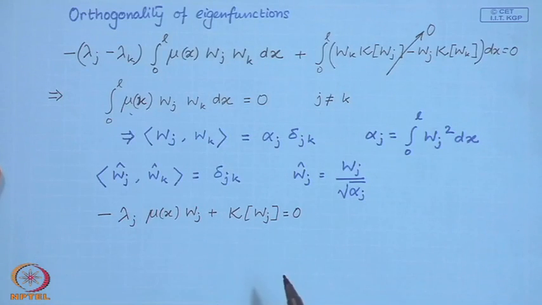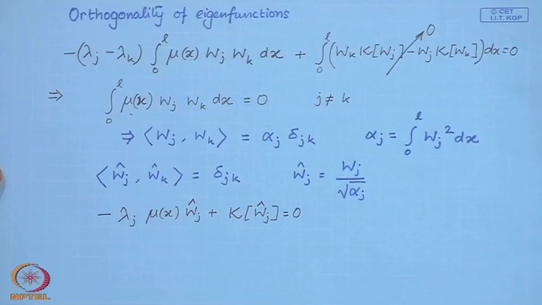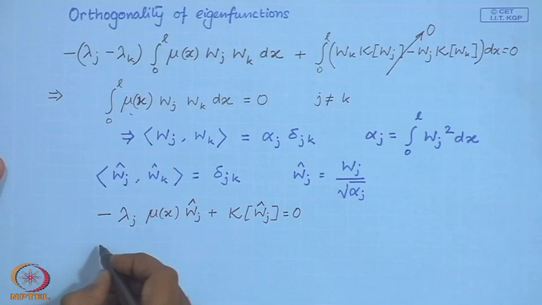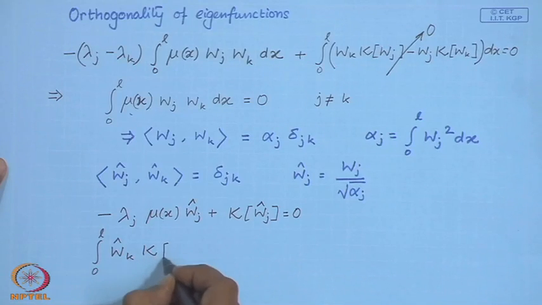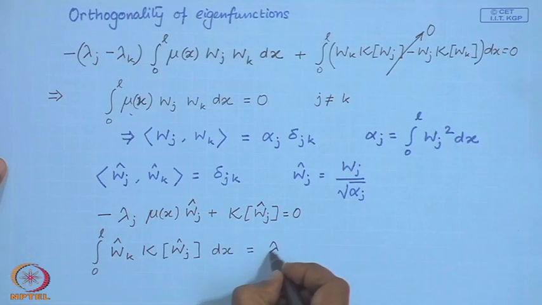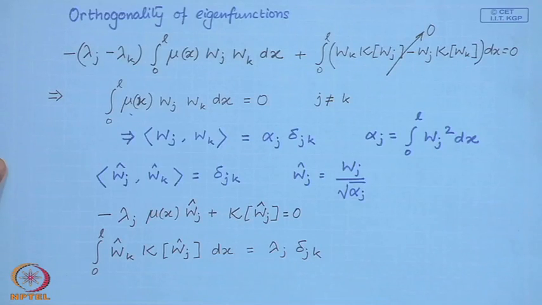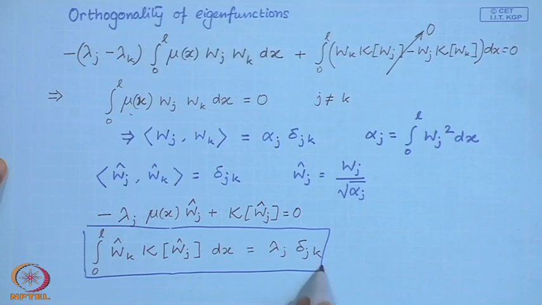This can be written also for the hat eigenfunction, the normalized eigenfunction, and if I multiply this with w k hat and integrate, this shows that the eigenfunctions are orthogonal also with respect to the stiffness operator k.